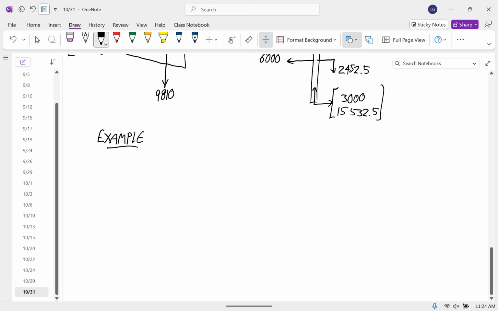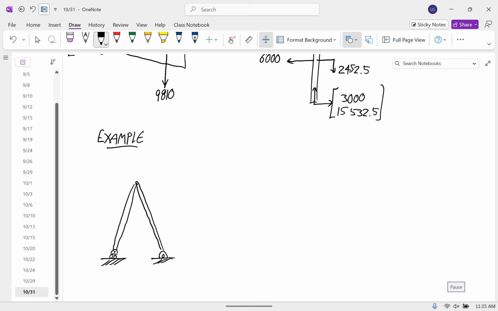So let's say we have a triangle with a roller at the left side and a pin at the right side. This roller is connected to the body by a pin, and then these are connected to each other by a pin.